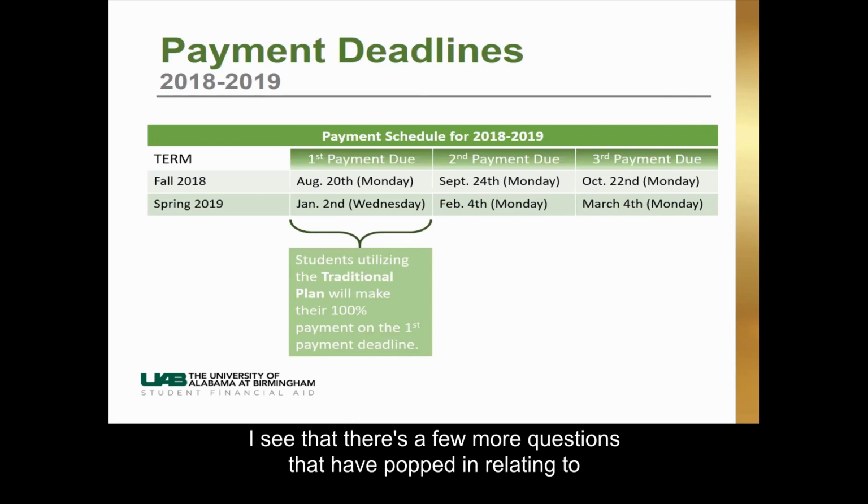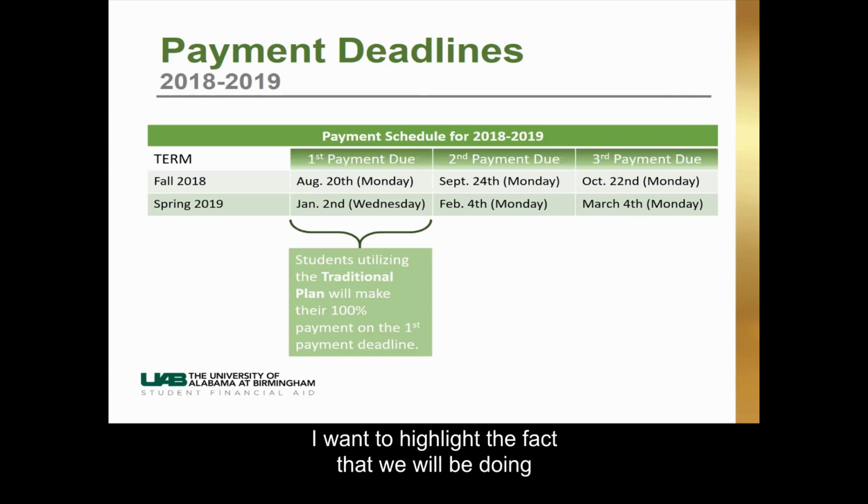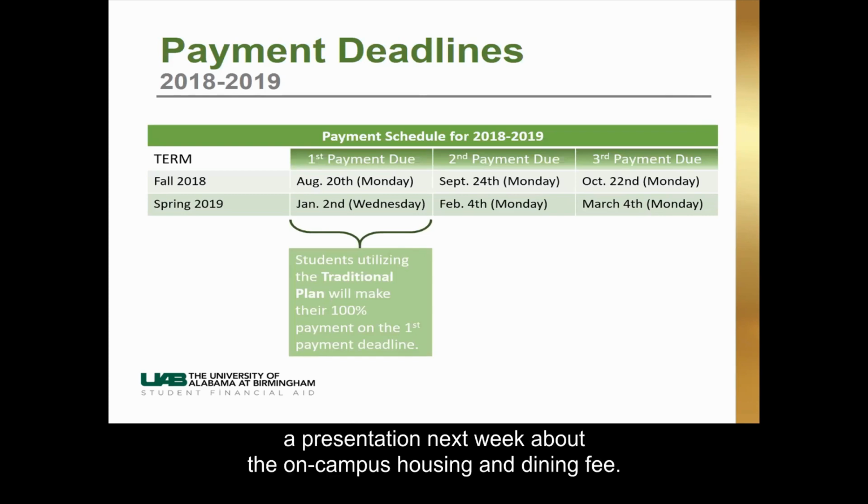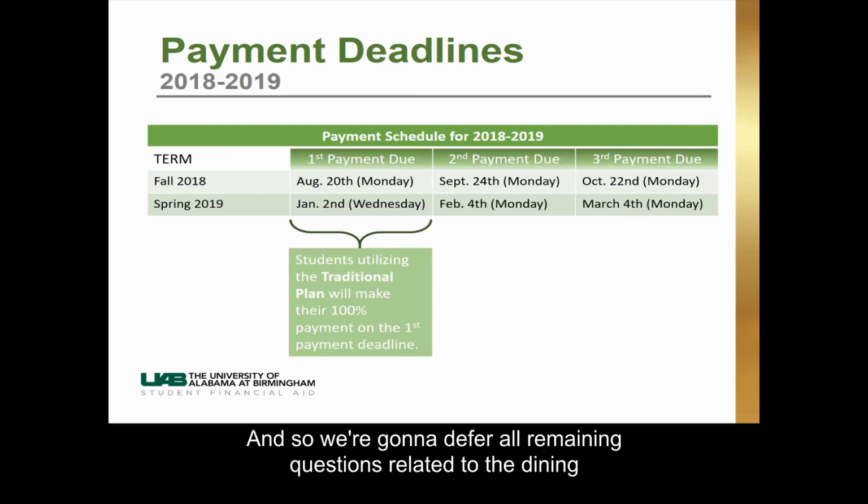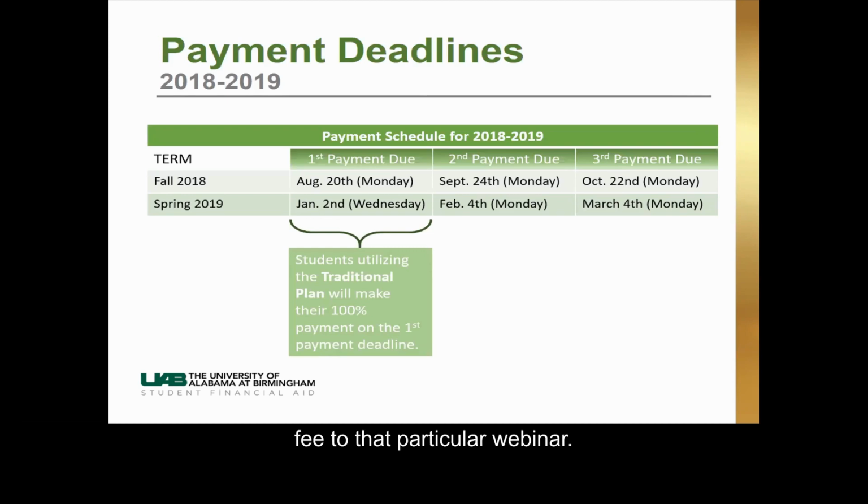I see that there's a few more questions that have popped in related to the dining fee. Again, I want to highlight the fact that we will be doing a presentation next week about the on-campus housing and dining fee, and so we're going to defer all remaining questions related to the dining fee to that particular webinar, or if you contact the office families@uab.edu, we will happily answer those questions for you.